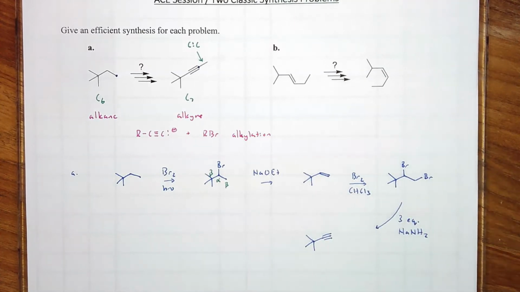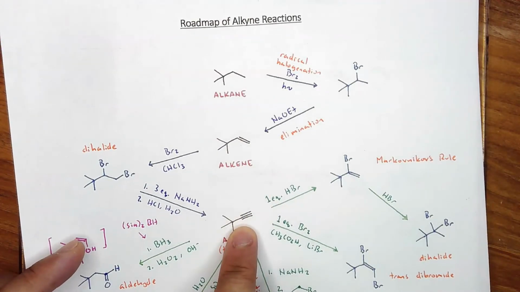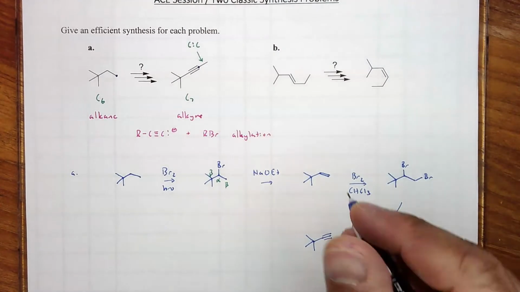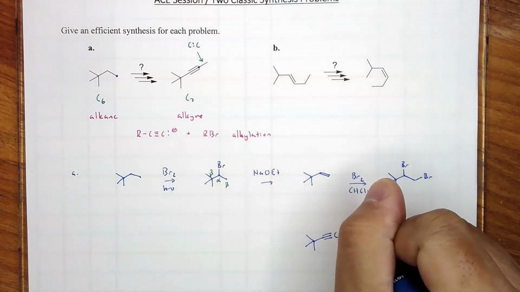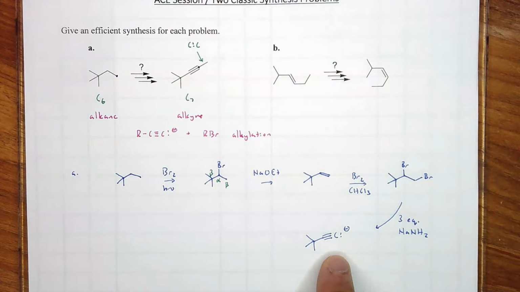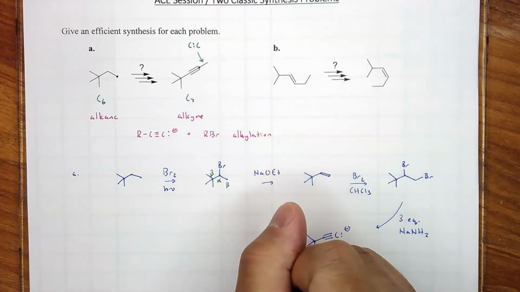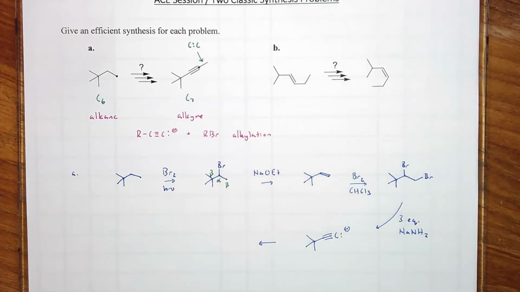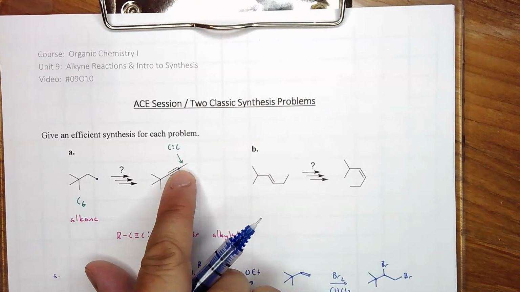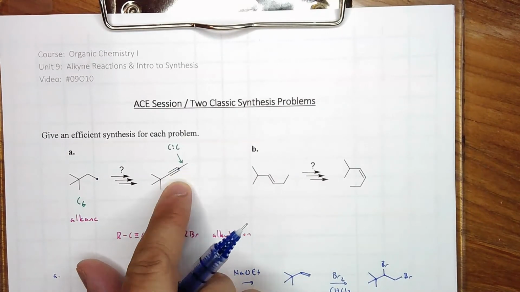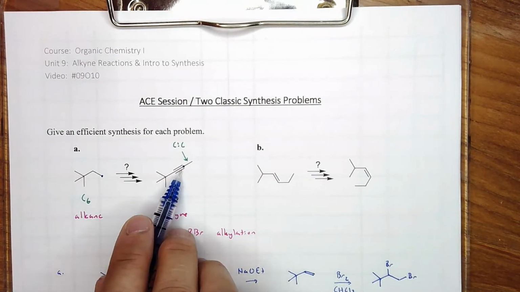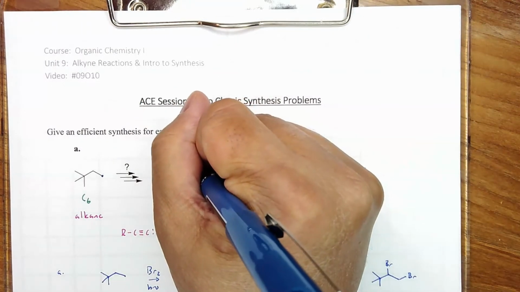So instead of drawing this neutral, I want to keep it as the anion because I want to keep it as a good nucleophile. And what electrophile do I want to attack with this nucleophile? I want to attack an alkyl halide that gives me that CH3 group at the end. So that dot actually is the attacker, and this is the attackee.